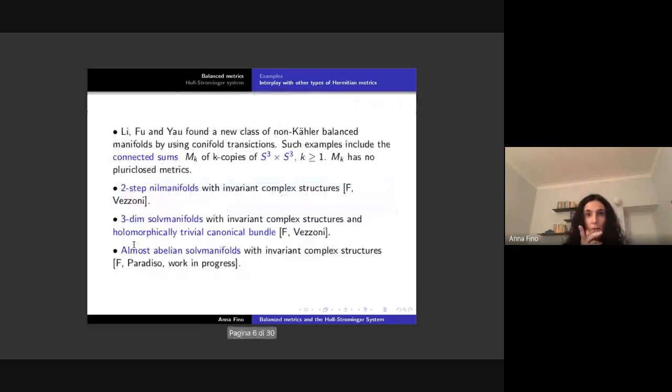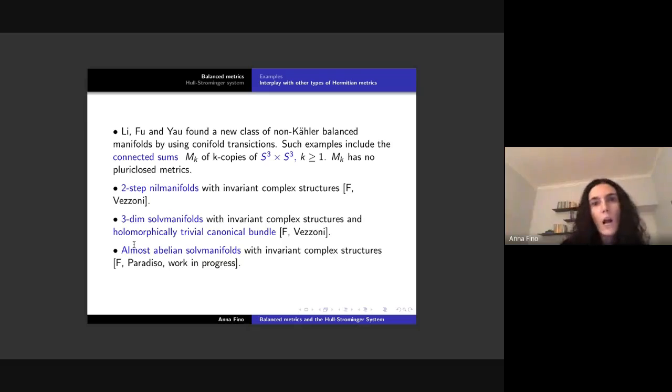And also for this nice family of examples constructed by Fu, Li, and Yau using conifold transitions. Let's apply this conifold transition to Calabi-Yau manifolds, and they show that in fact the balanced condition is preserved.